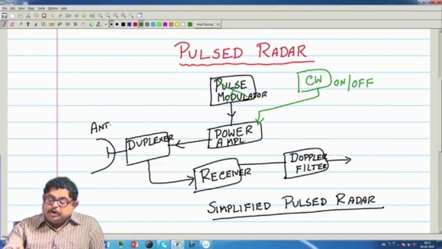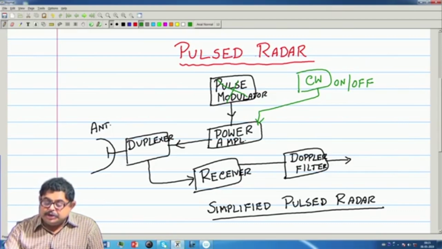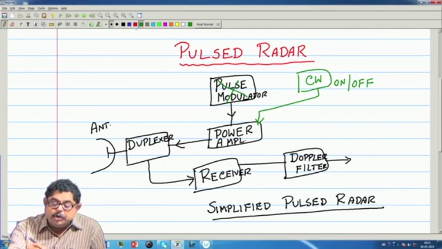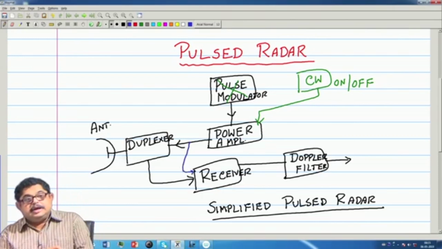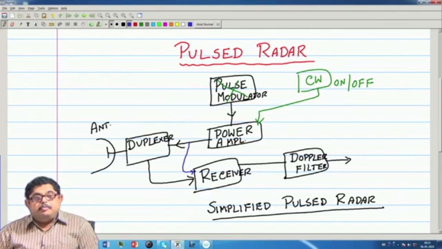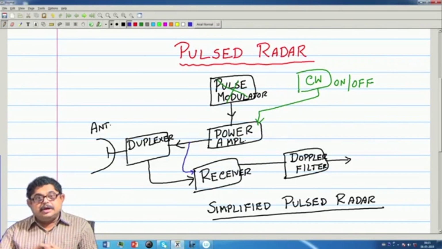The answer is no, because something is missing in this simplified diagram. To have this measurement, the receiver in a pulse radar also requires a very important connection, that whatever is getting transmitted it should have that in the receiver, so that it can compare what is happening, because we know that the measurement, also Doppler, will require the transmitted frequency and how much shift is there compared to that.